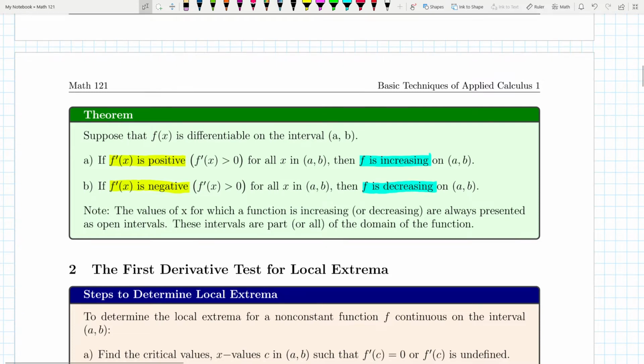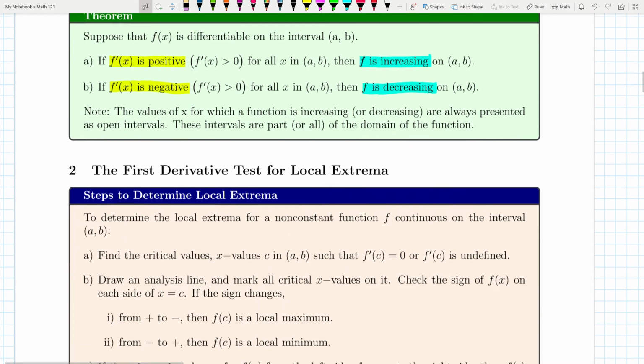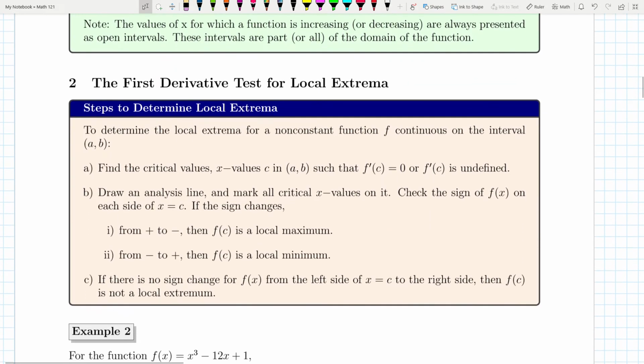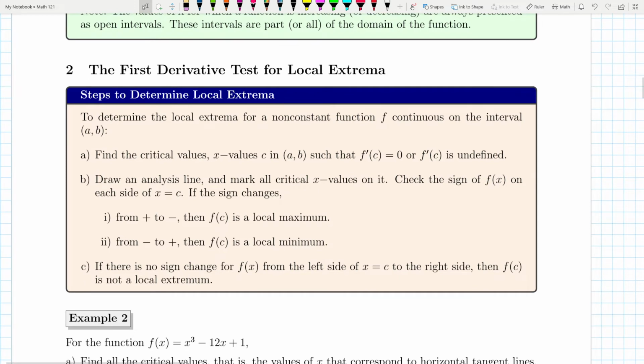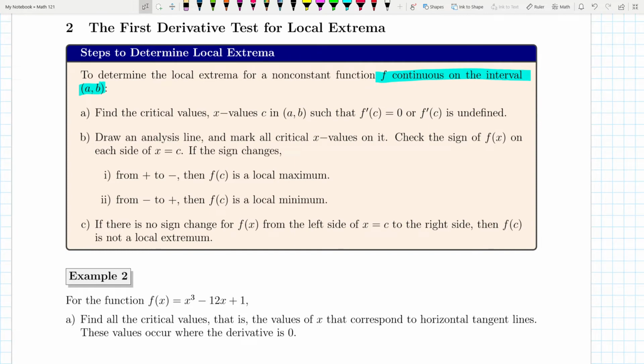All right, and so for the first derivative test, to determine the local extrema of a non-constant function, it has to be continuous on the open interval that we want to use for this process. Typically, we're going to use the entire negative infinity to positive infinity interval, unless otherwise stated.